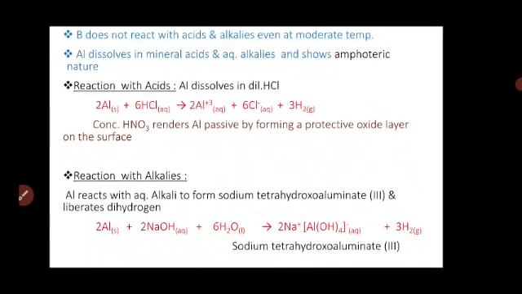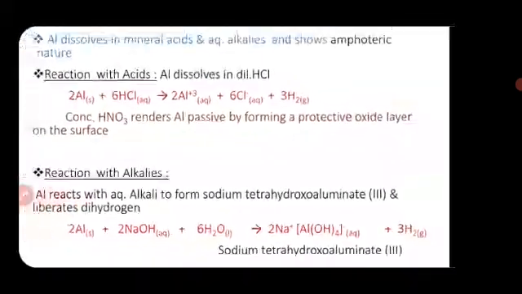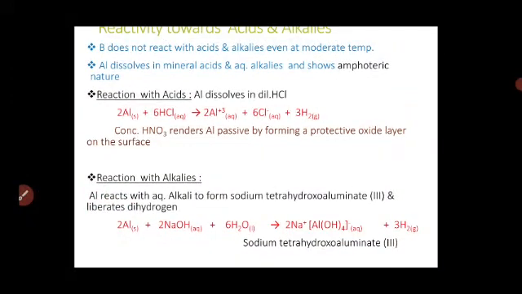How does aluminium react with alkalis then? Yes, it reacts in aqueous medium, means in presence of water, forming a complex compound, that is sodium tetrahydroxoaluminate. Here the oxidation state of aluminium is +3, hence it is shown with Roman III. Next year you are going to learn these types of compounds which are called coordination compounds or complex compounds. So aluminium reacts with alkali.